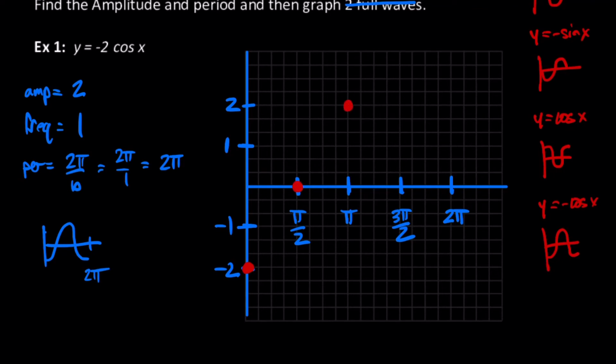Then I go to 2, back to 0, and back to your low point. This would be concave up. This would all be concave down. And then this would be concave up, curved that way. So there you go. There's one cycle of that function.